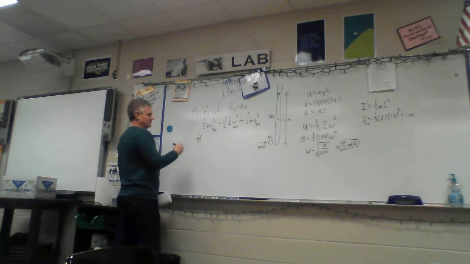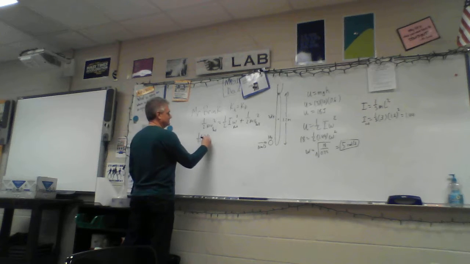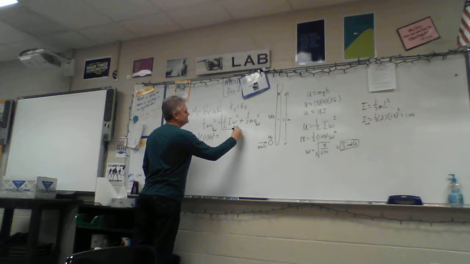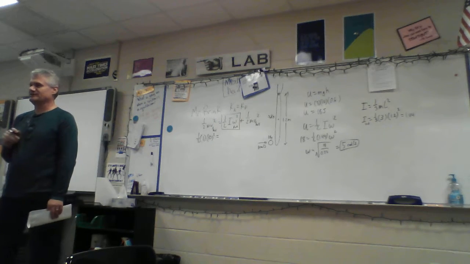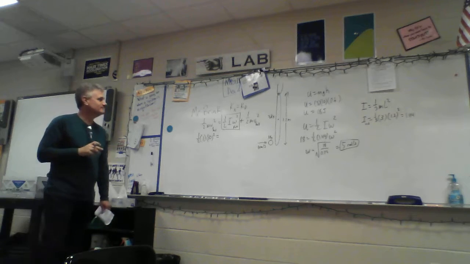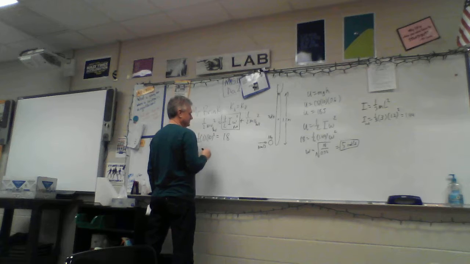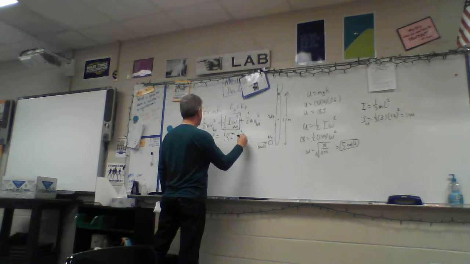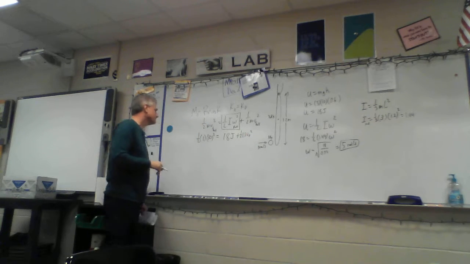1/2, what's the mass of the ball? 1. What's the initial velocity of the ball? 10 squared equals, now that's the energy in the rod, which I already calculated as what? 18 joules, when I did the potential energy. Plus 1/2, mass of the ball again is 1, and V final squared is what I'm looking for.